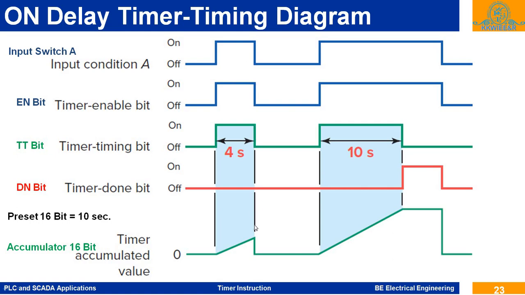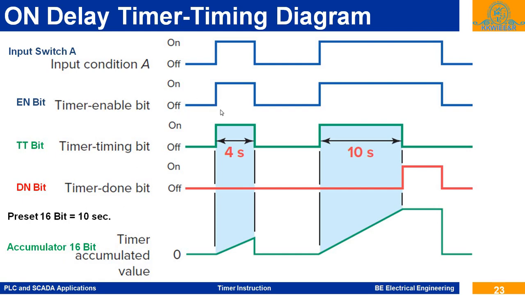Your accumulator is reset to 0 and stops incrementing, and the TT bit is also reset to 0. There is a transition from set to reset, or from true to false. When the input instruction is false, the enable bit, TT bit and accumulator change their state. The accumulator is reset to 0, which is why it is called a non-retentive type instruction.